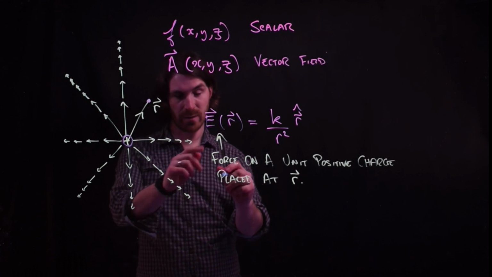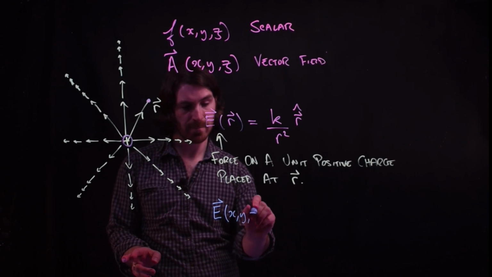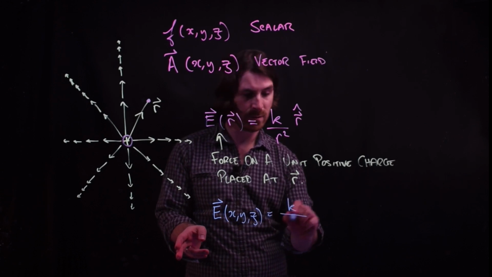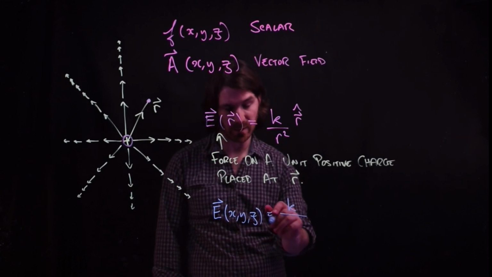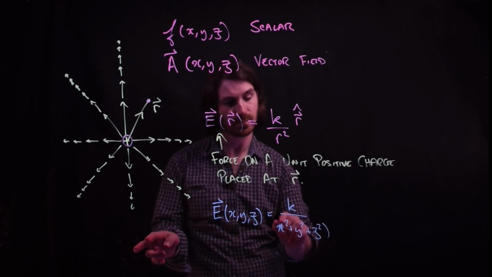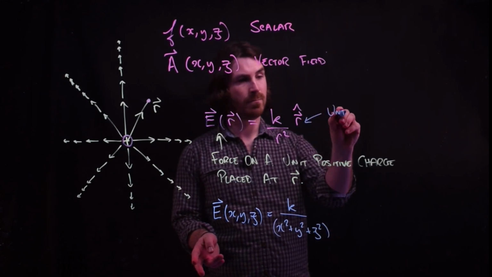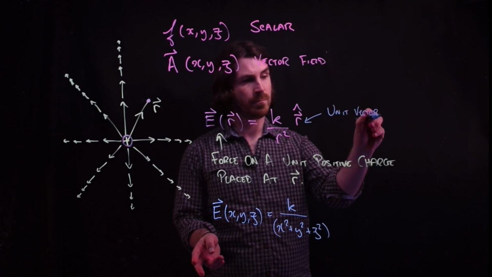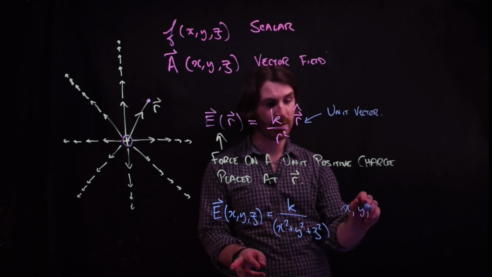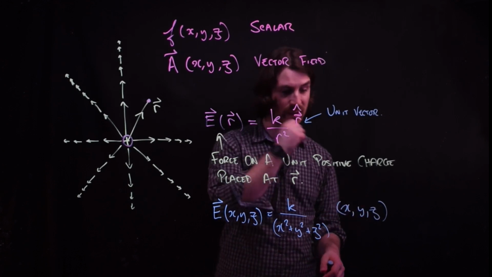If we wanted, we could write this electric field as a function of x, y, and z instead of r. In that case, we've got k divided by r squared, and we know what r squared is in terms of x, y, and z: it's just x squared plus y squared plus z squared. And this is a unit vector in the direction of r. So this is a vector x, y, z, it goes xi plus yj plus zk.